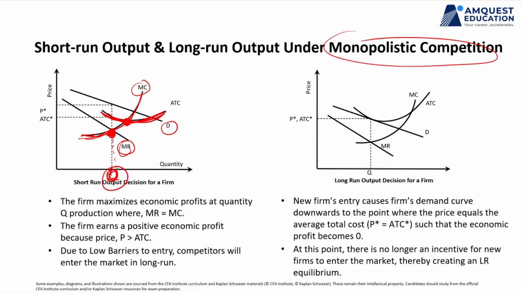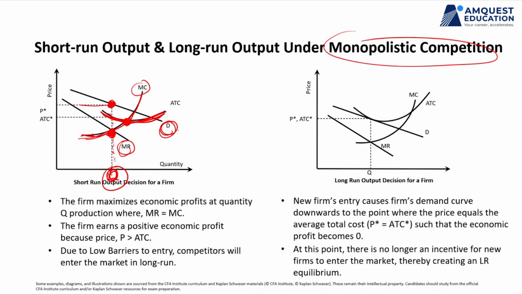Now, can you tell me at this point what the price is and what the cost is? If you want to know the price, you have to look at the demand curve, correct? When this output is produced, I can sell this output by going up to this point on my demand curve.